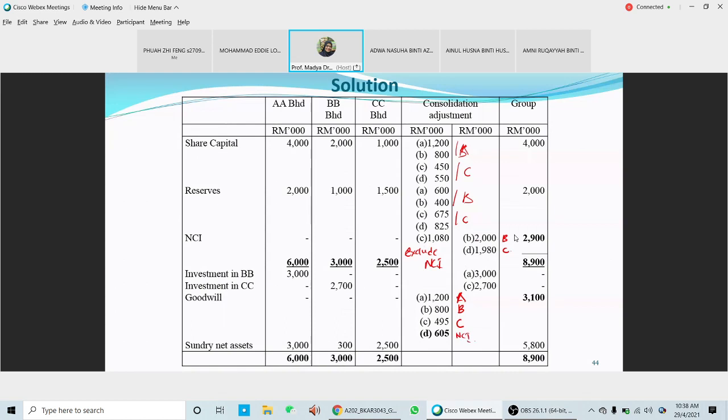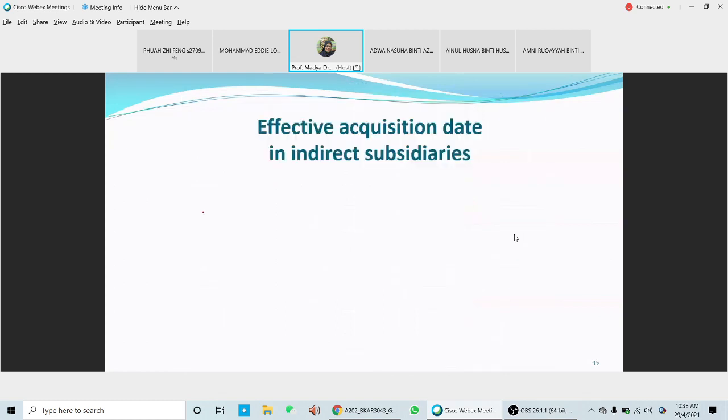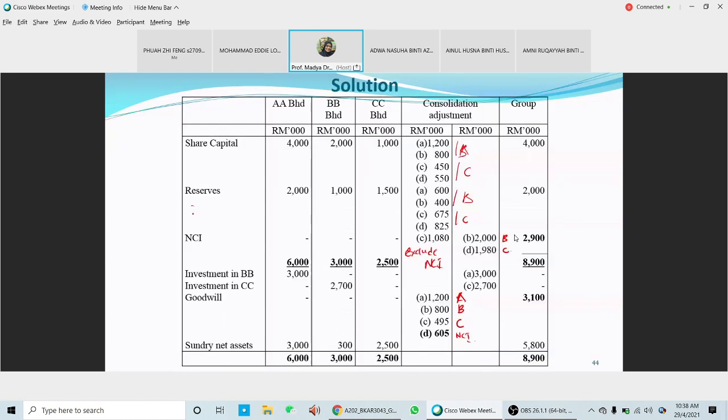So any questions that you have for this one, the one stage method? For the one stage method, we account for the ultimate parent using the indirect interest. So one thing that you need to remember is that when you use the one stage method, the ultimate parent needs to use the indirect interest.